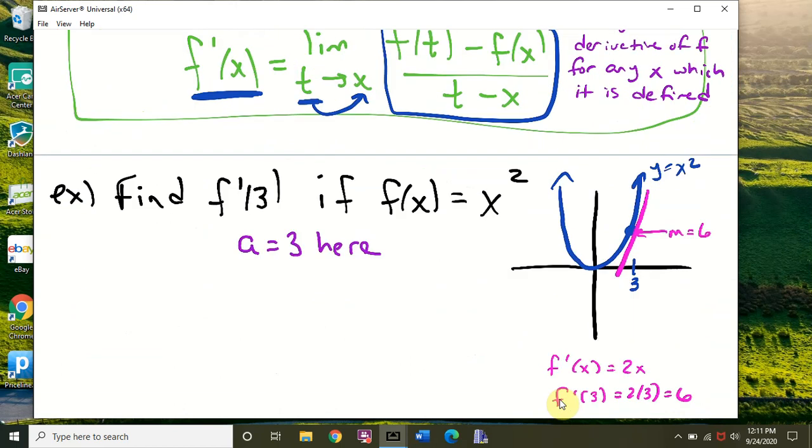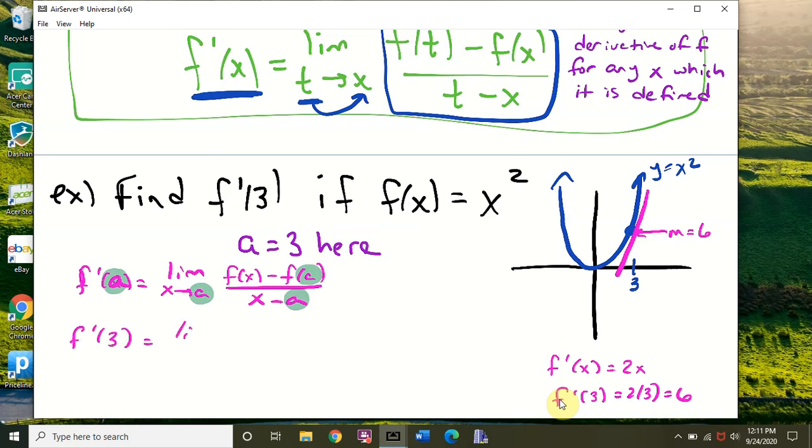Okay, so we've got f prime of a equals the limit as x approaches a of f of x minus f of a over x minus a. First thing I'm going to do is replace a with the number 3. So anywhere I see the letter a, I'm going to replace that with the number 3. So f prime of 3 is going to be the limit as x approaches 3 of f of x minus f of 3 over x minus 3.